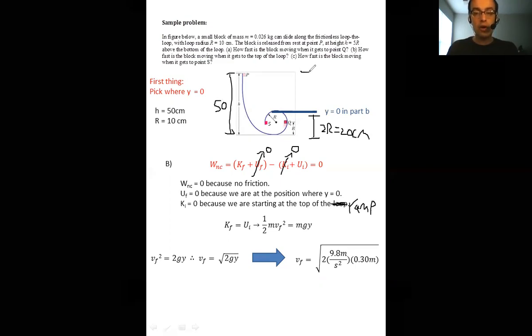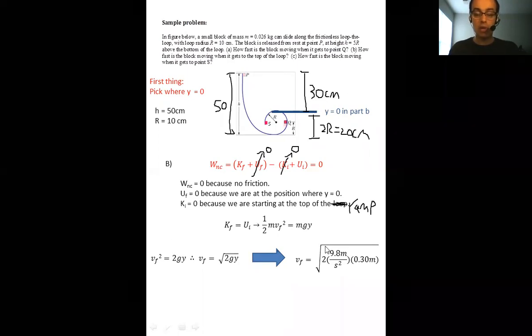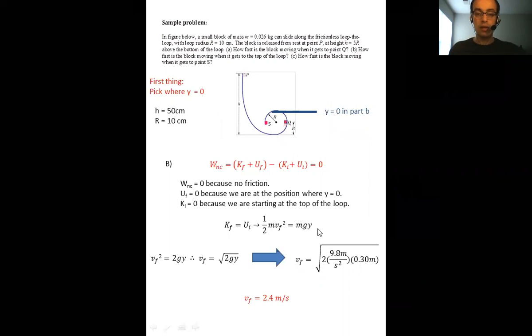And therefore, this distance has got to be equal to 30 centimeters. Once again, we write that in terms of meters. So it's 0.30 meters. And we go ahead and very neatly find our final velocity, which in this case is 2.4 meters per second. So that's pretty clear.